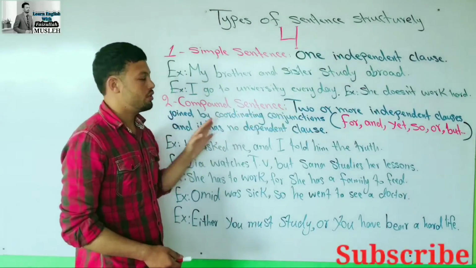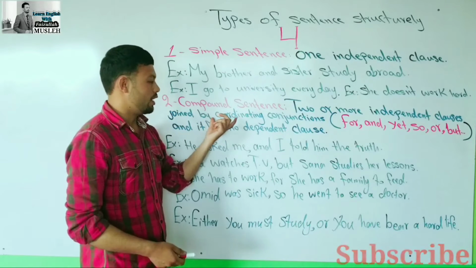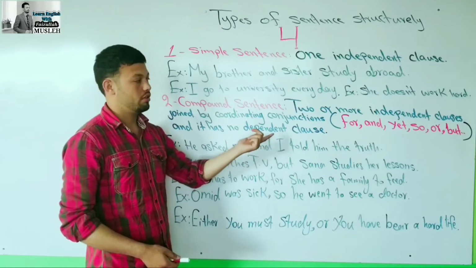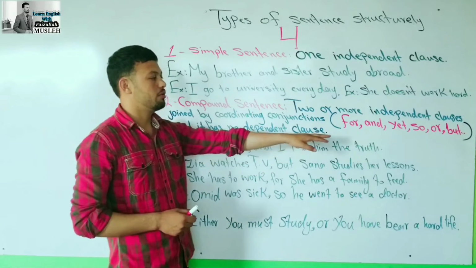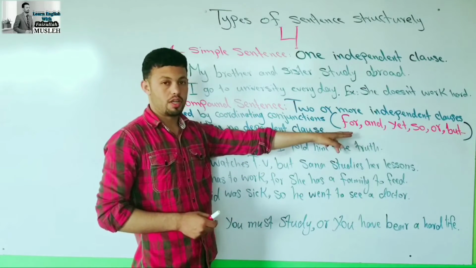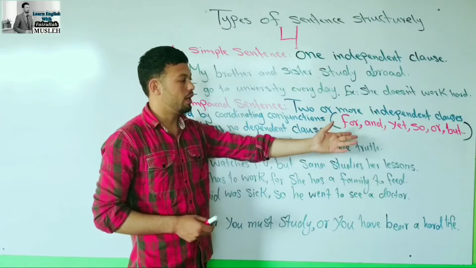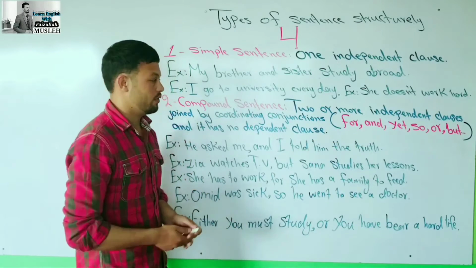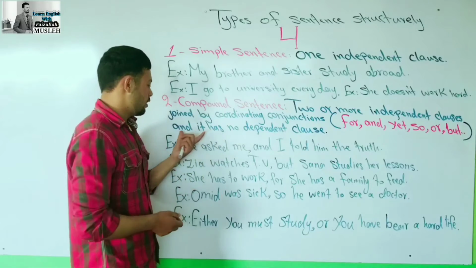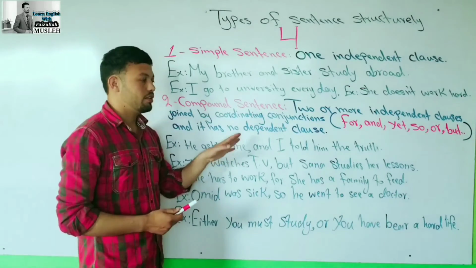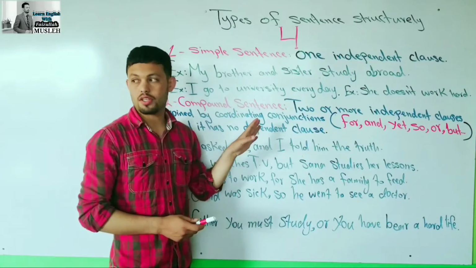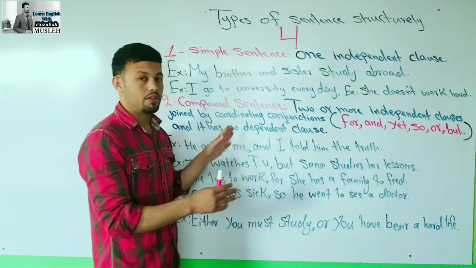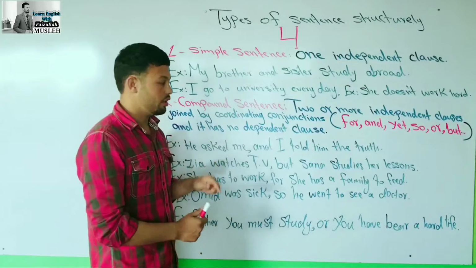Two or more sentences joined by a coordinating conjunction. There are a lot of coordinating conjunctions, but the most important and common ones are for, and, yet, so, or, but, and some others. And it has no dependent clause in it. I told you before, it's only 2 or more independent clauses.